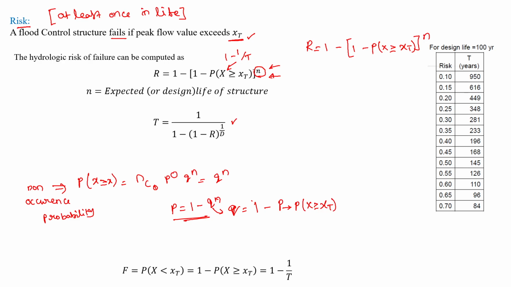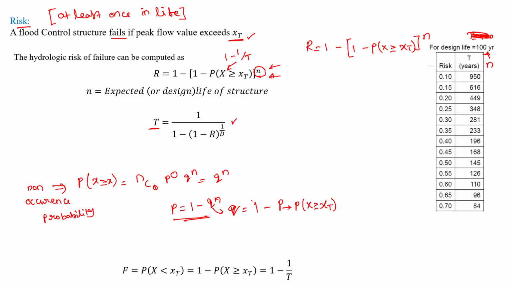So here I have given one table. I'm running a little late, so that's why I'm moving fast. Suppose I have a design life of n equal to 100 years. Then how much will my t value be? From that, I can calculate how much my risk is and how much t is, in this manner.